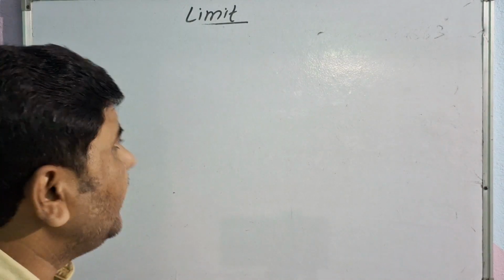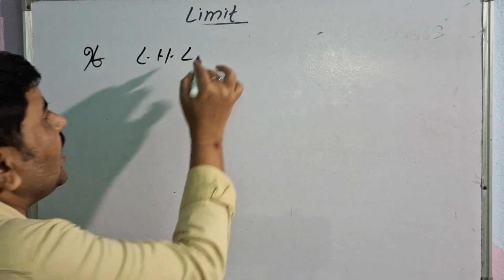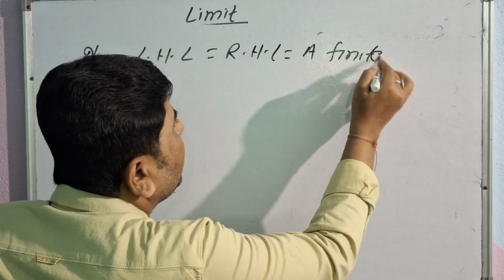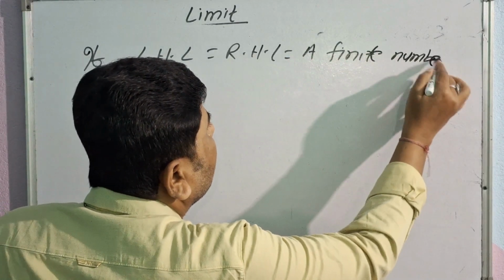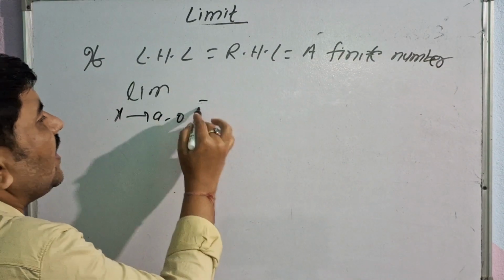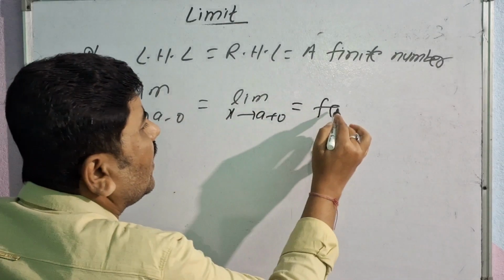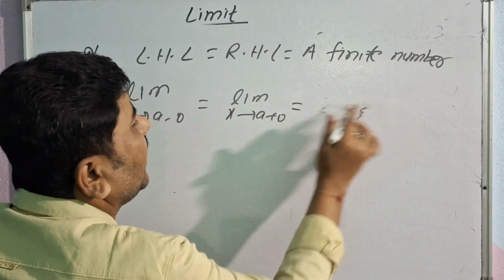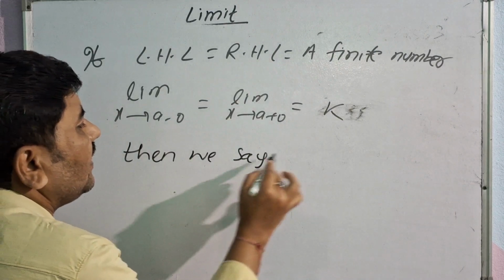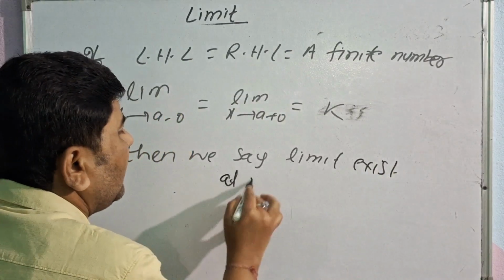Now we can say that if LHL, left hand limit, equal to RHL equal to a finite number, means limit x tends to a minus 0 f(x) equal to limit x tends to a plus 0 f(x) equal to k, then we say limit exists at x equal to a.